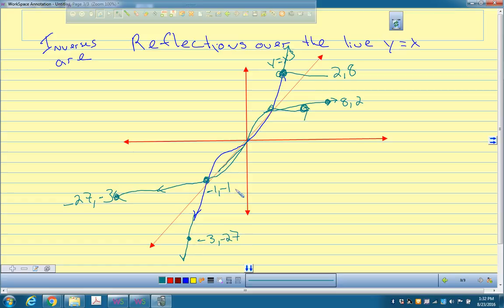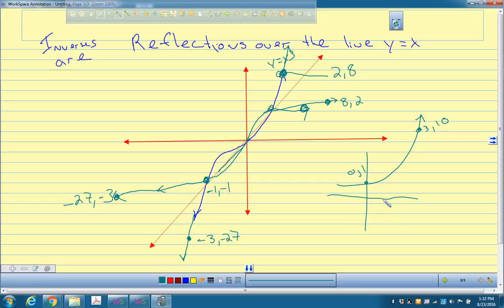Sometimes they'll draw a graph, and they'll have some funky function that looks like this, and they'll say here's the point 0, 1, here's the point 3, 10 or something. And they say sketch the inverse. What points would have to be on that inverse? 1, 0.